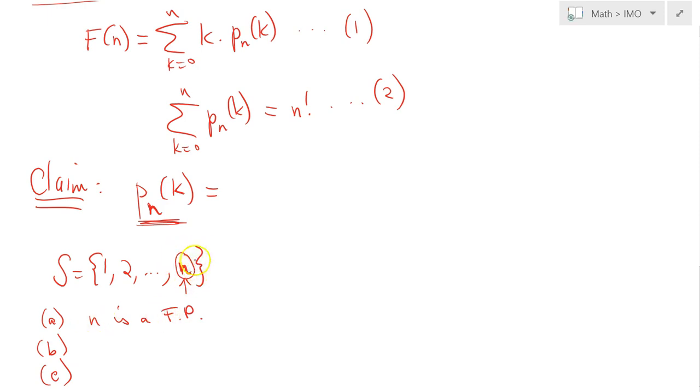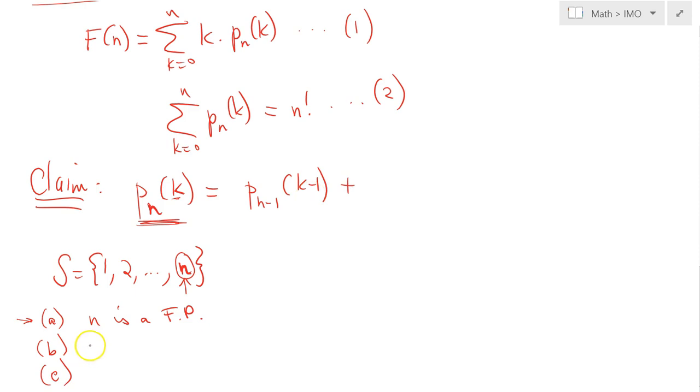If n is a fixed point, and because we want to have k fixed points, one of them is already known, so we have n minus 1 remaining terms. Among all the n minus 1 remaining terms, there has to be k minus 1 fixed points. So the first situation will count this many of them.